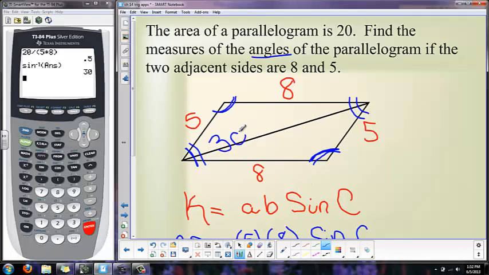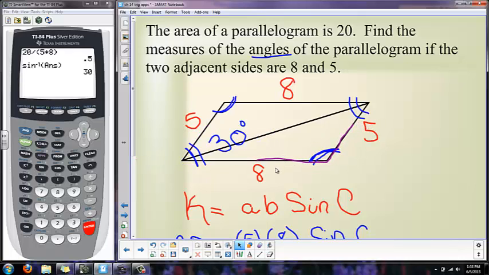But it said that it wanted to know both of the angles. Well, the other thing that we know about a parallelogram is that this angle and this angle add up to a total of 180 degrees, and I'll show you how. If I took that angle right there and moved it over here, you see how those two angles line up to be 180 degrees?